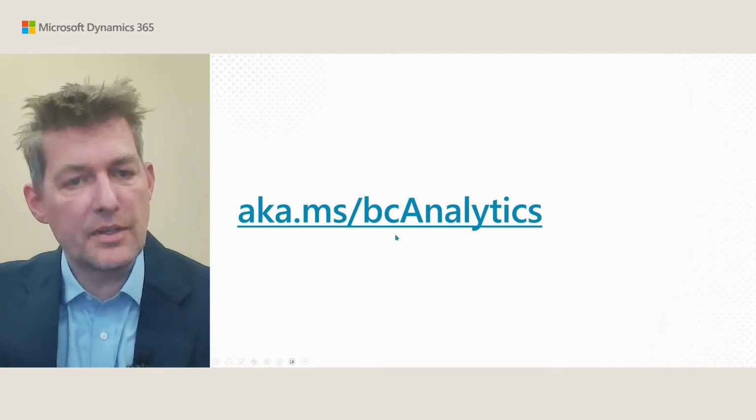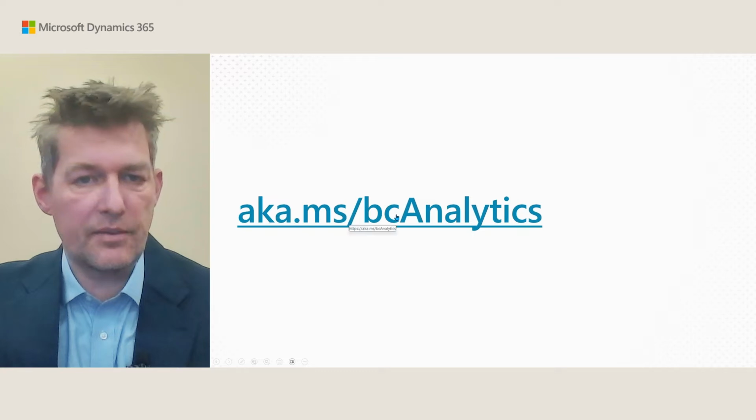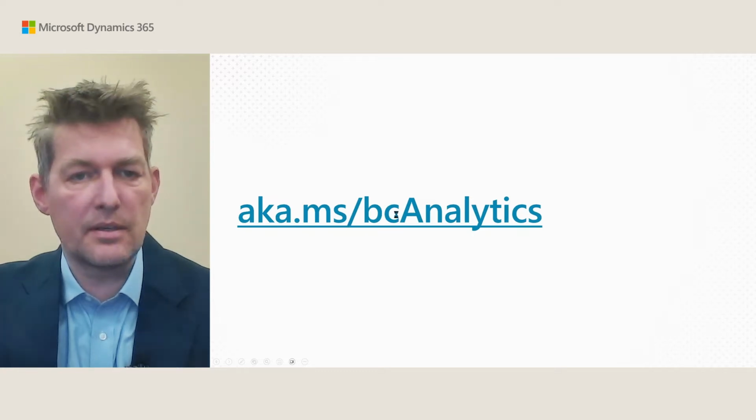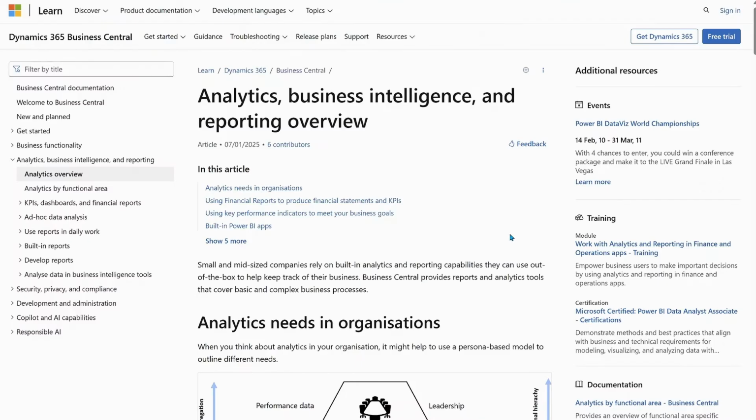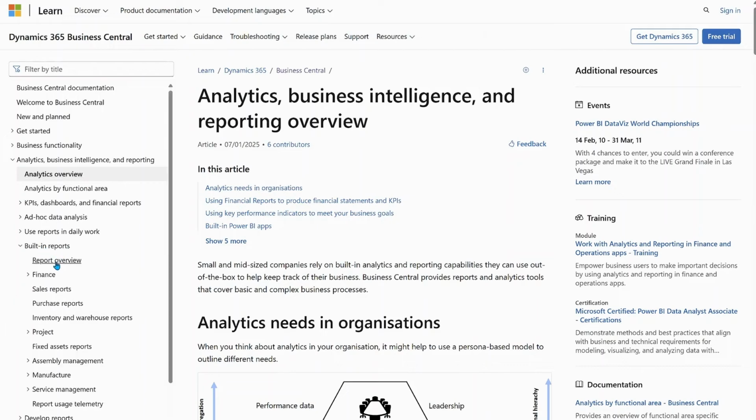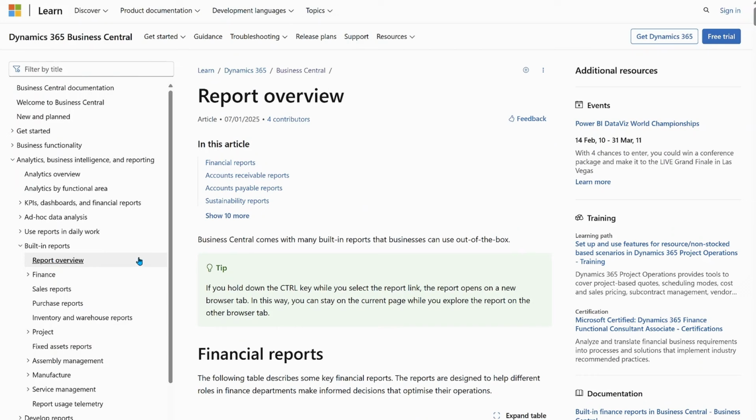And for this link, BC Analytics, if I choose this, it will open up the overview of everything in analytics in Business Central. And here in the table of contents, I can choose built-in reports and choose the first link, report overview. And this article gives an almost complete overview of the reports that exist in Business Central.